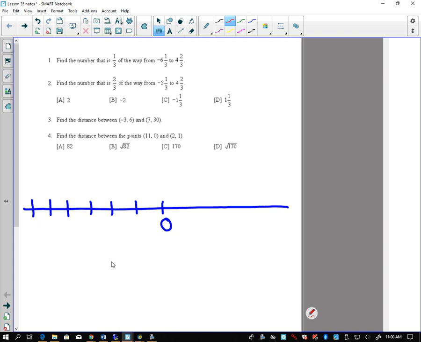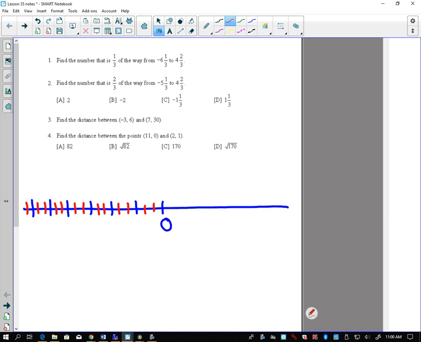All right, so thirds, we would get -1/3, -2/3, -3/3 would give me -1. So I could probably make a little red. And this last red tick mark would be -6 1/3, correct?